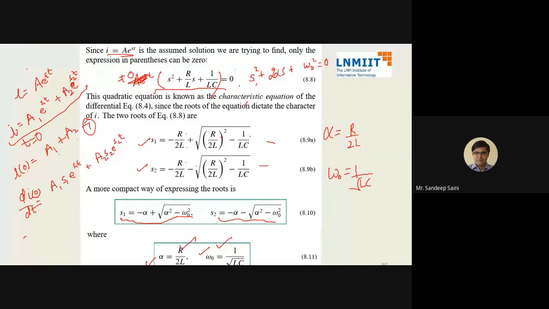So di0 by dt equals A1 s1 plus A2 s2. This is my second equation. You know the value of s1 and s2 already. Two equations, two variables. Can you calculate A1 and A2? Yes, sir. So now everything is coming into one picture. How did we start?